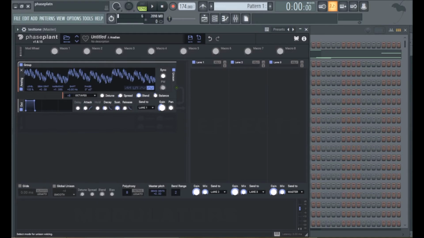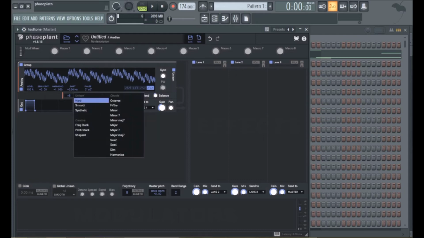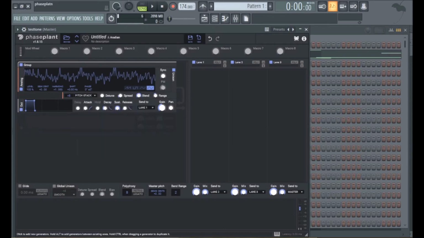So the fourth control is called different names, but it's basically recontextualized to fit the different modes. So freak stack and pitch stack have a range, and that is basically a very heavy detune.